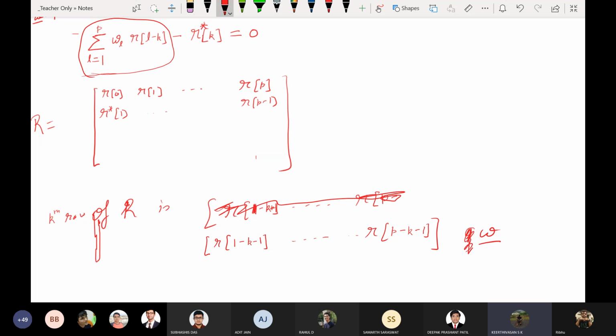Sir, the first term, if it is r 1 minus k minus 1, won't the kth term be r of minus k alone? But it should be r of minus k minus 1, right?